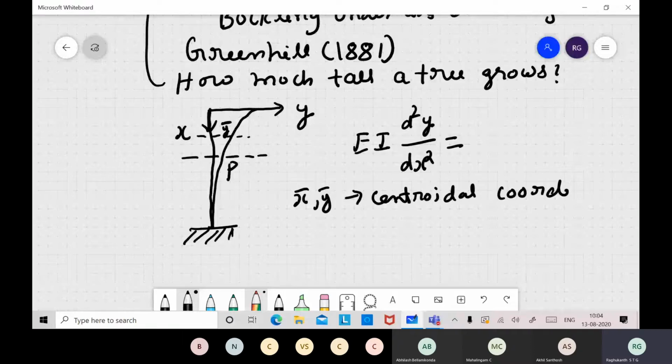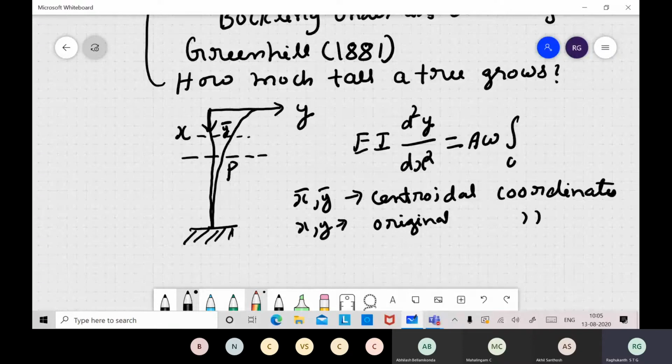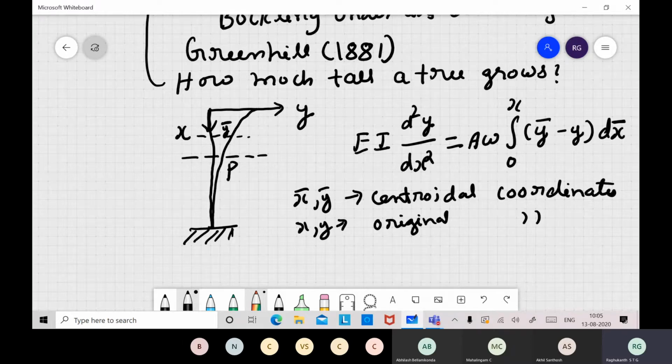Now x and y are your free coordinates, the original cantilever coordinates. If you try to write this equation of equilibrium, you can write it as A w integral from 0 to x of (y bar minus y) dx bar. This is a centroidal coordinate system.